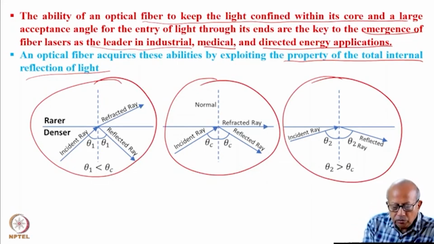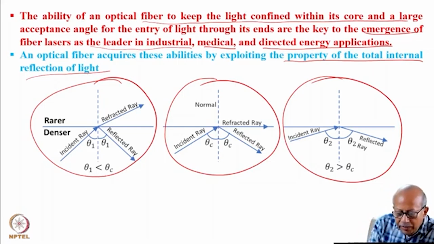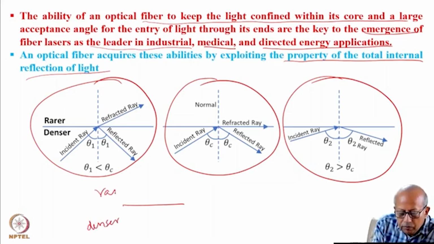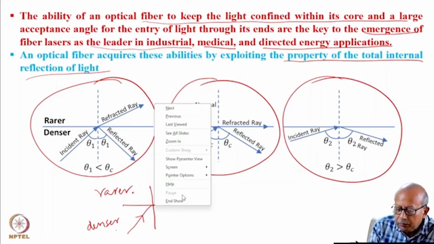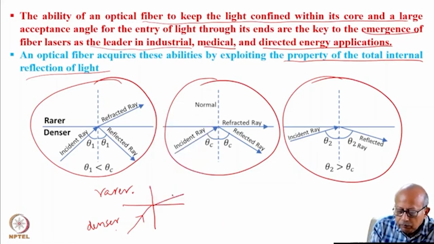But before we get into this, you know that when light travels from a denser to a rarer medium, it undergoes refraction and bends away from the normal.